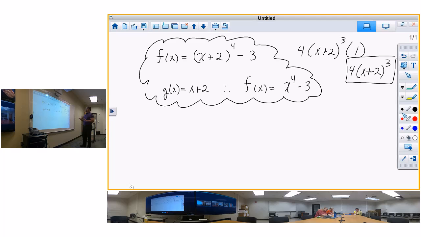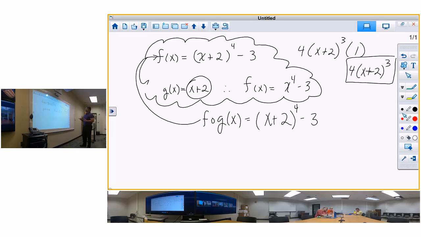They're reinventing the wheel by making you think of this as a composition f composed of g of x, which would be that you rewrite x with parentheses, and you plug in g of x, and then you get what you started with. So I don't really agree with what they're teaching, so I'm not going to worry about it.